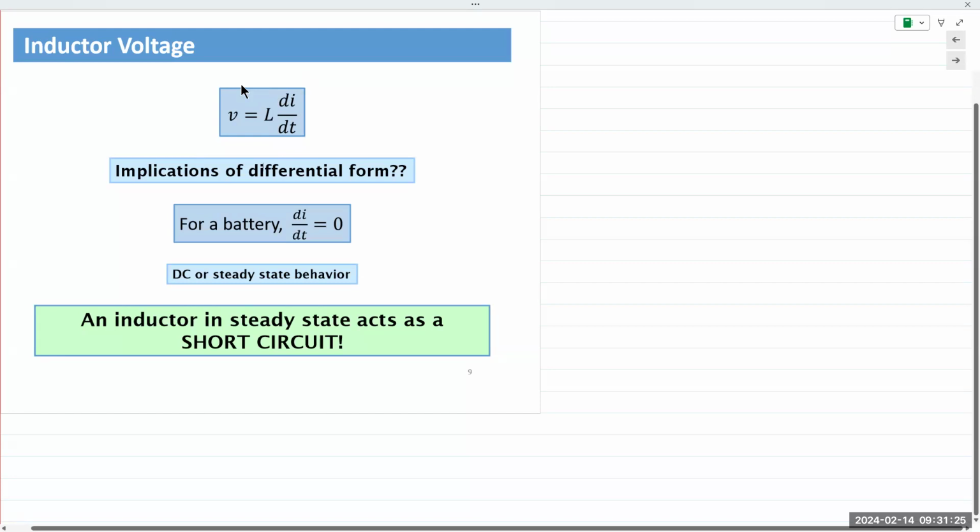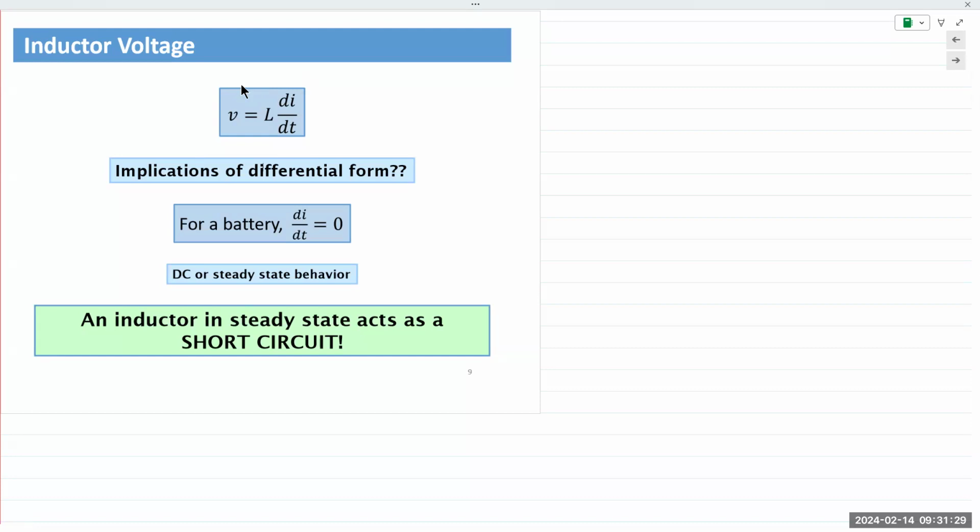So if you have a DC source, a battery, for instance, right? Any kind of DC source is constant. The value does not change with respect to time. And this is time on the x-axis, and this is voltage or current on the y-axis.